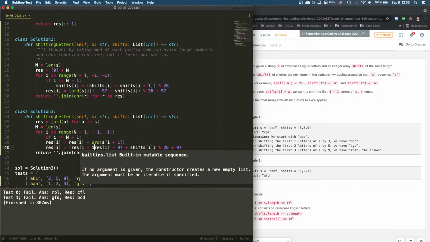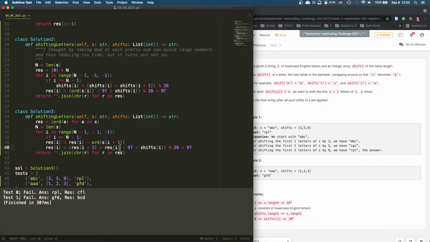It's going to be plus 1, right? Plus this minus this, which means we're going to combine the two.